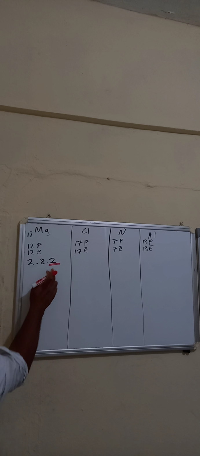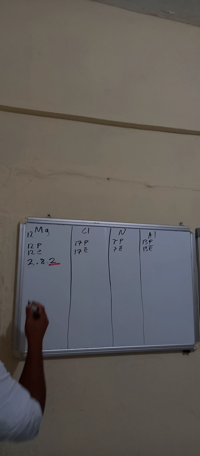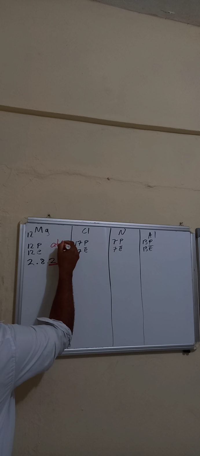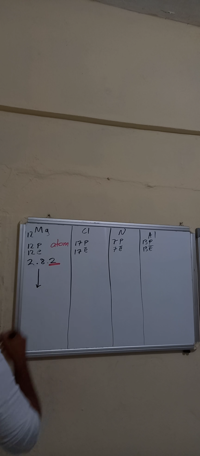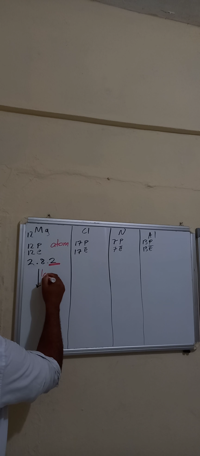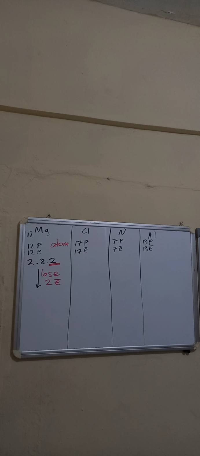So if magnesium loses 2 electrons, this is the magnesium atom, the atom with the equal amount of protons and electrons. To get to the ion, it loses 2 electrons.